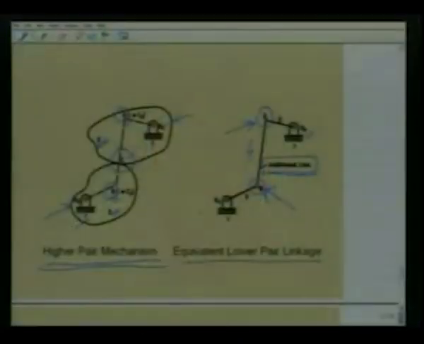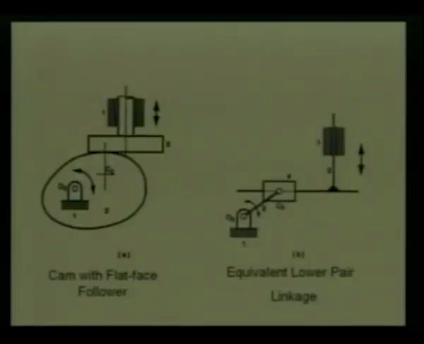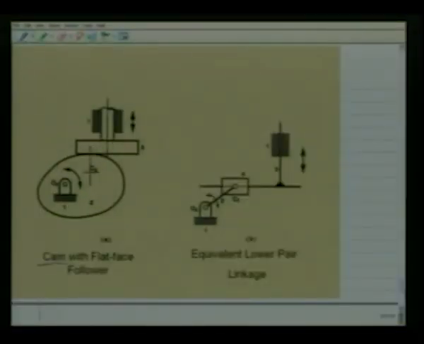That is, one of these contacting surfaces, say, is circular or cylindrical of constant radius of curvature, or flat, that is again of infinite radius of curvature. For example, let us look at this higher pair mechanism, which is a cam with a flat face follower.